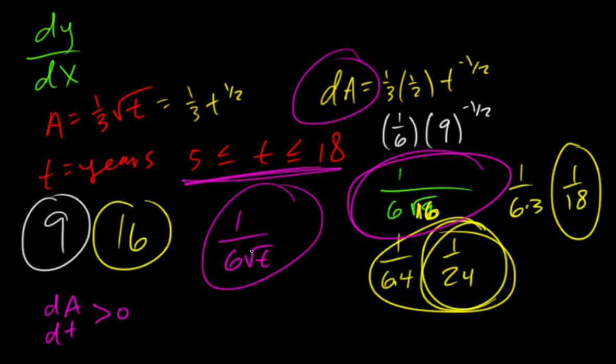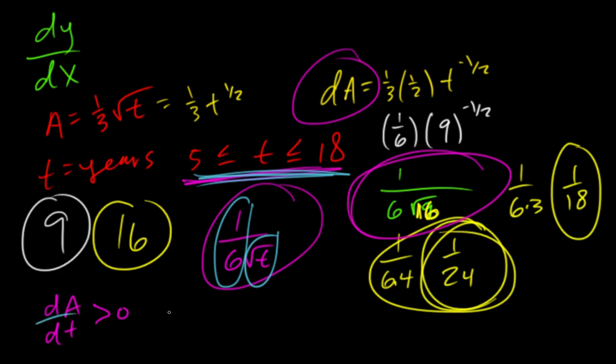And so since we have a constant that's positive times something that's always positive, positive times positive is always greater than 0. And so this means that the ability to understand spatial concepts increases with age. So as you get older, in between 5 and 18 years old, your ability to understand spatial concepts will continually grow.